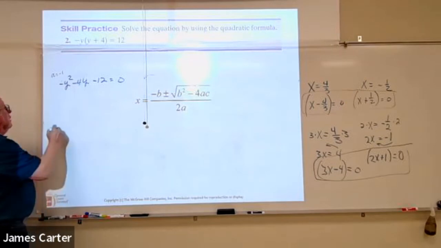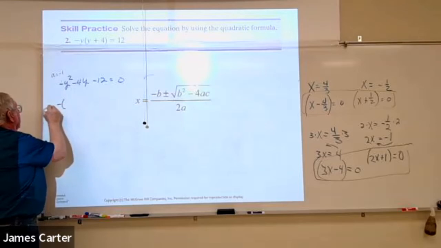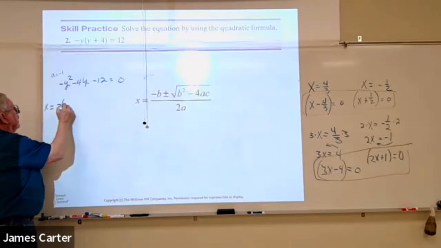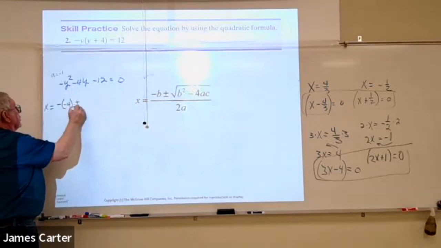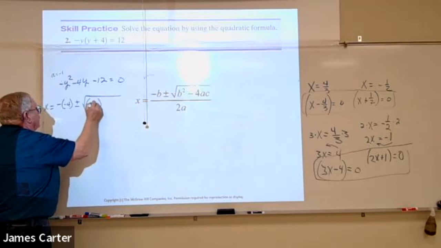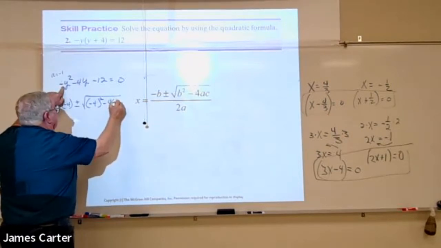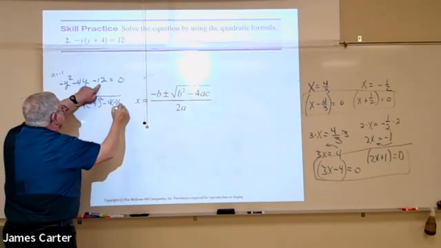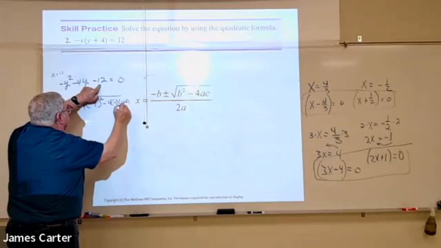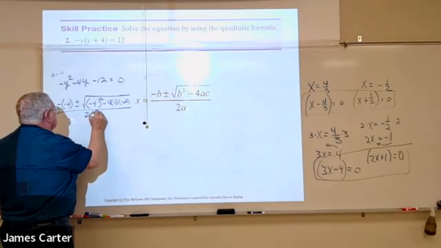So using that, I would have x equals minus -4 plus or minus the square root of -4 squared minus 4 times a, which is -1, times c, which is -12, all over 2 times a.